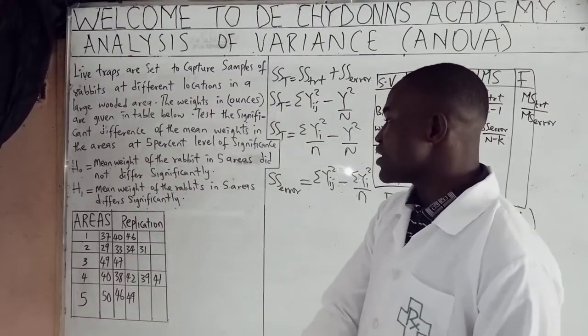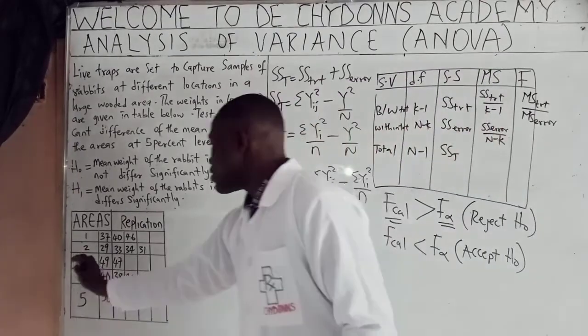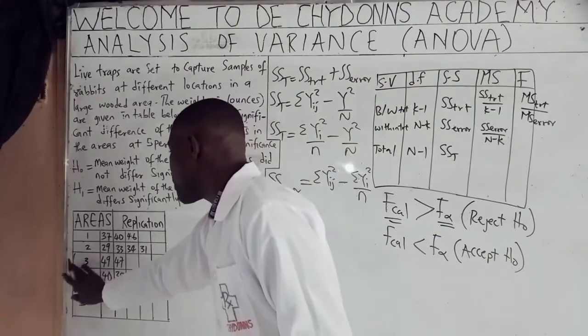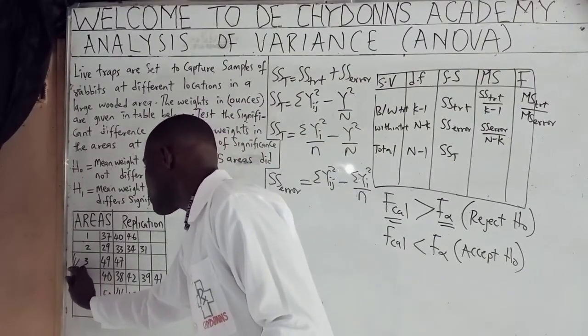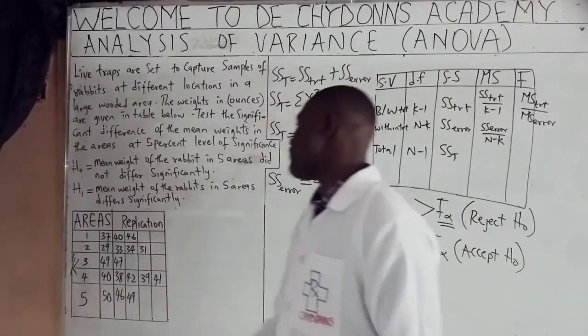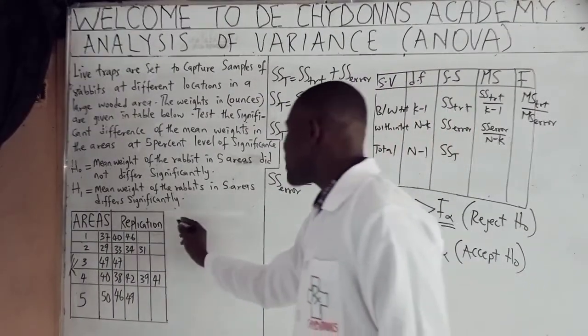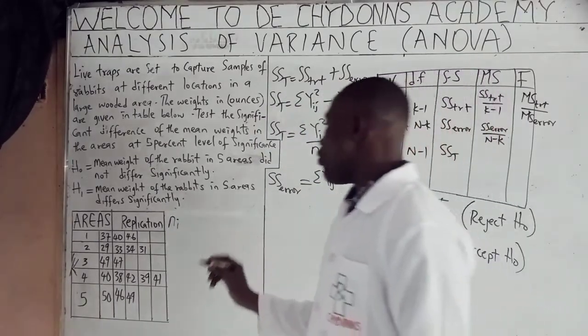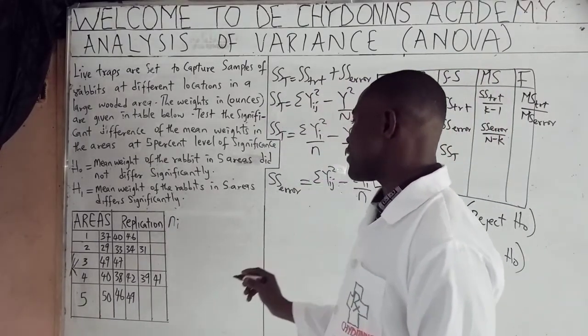Now when you are given this, say that name here to be your K. K means we have 5: 1, 2, 3, 4, 5. We have 5 data here. Then say that here is your NI. And what is the first value of NI?